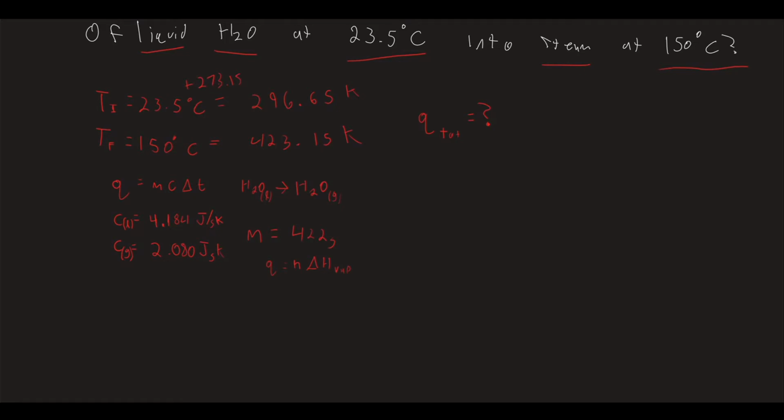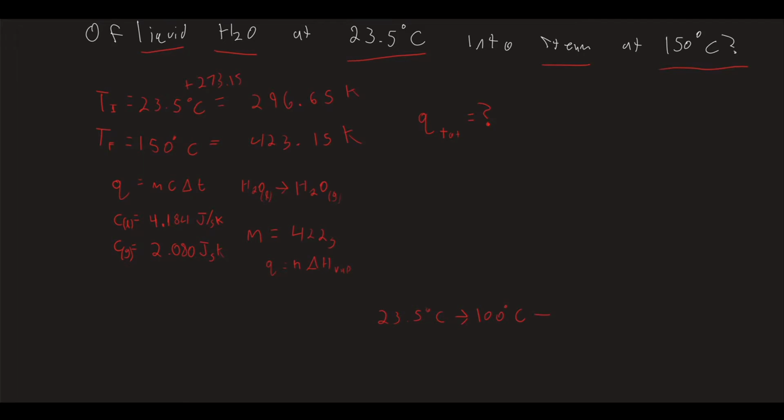The first thing we need to do is find the Q for the temperature change from 23.5 degrees Celsius. We're actually going to need to do a few more conversions. To 100 degrees Celsius.